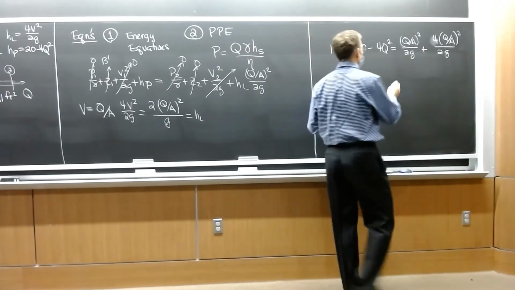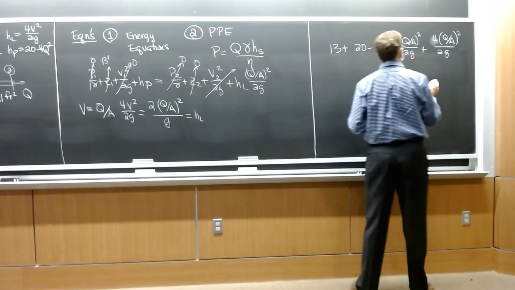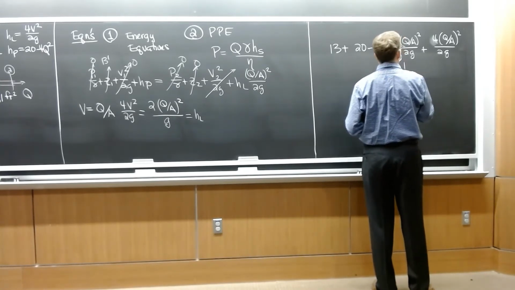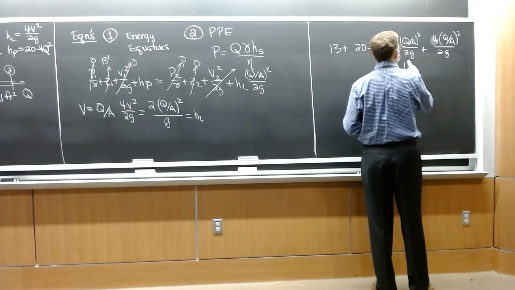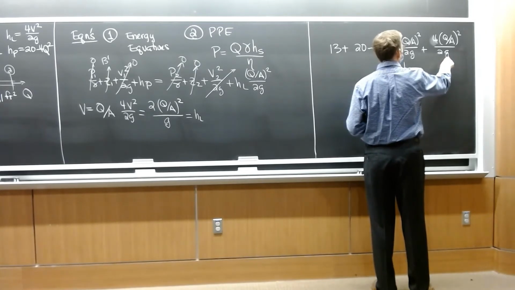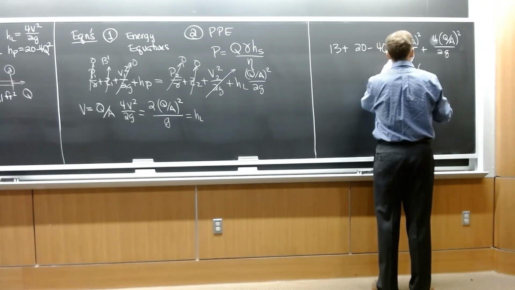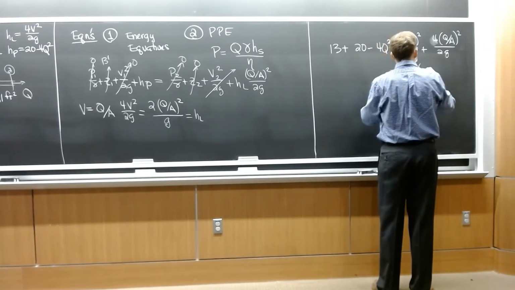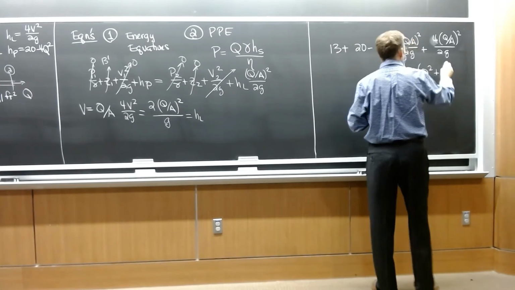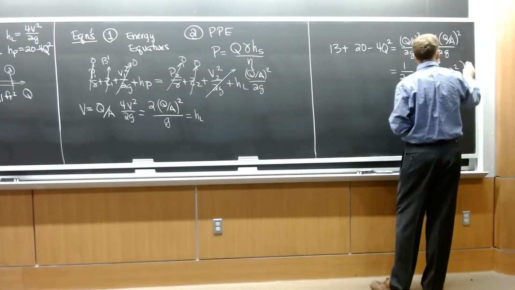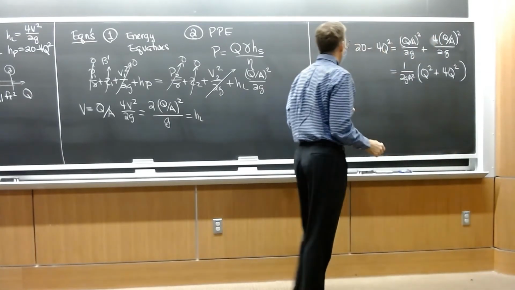Let's just see what we've got here. We've got 1 over 2GA squared. That's held in common between the two. And then we've got Q squared plus, okay.